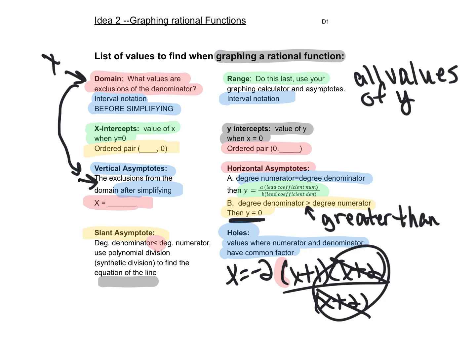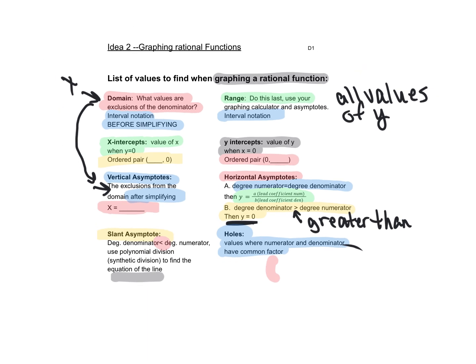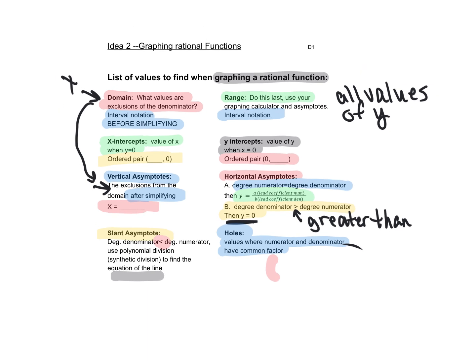And again, holes are not in every problem. We won't see them every single time, but they do come up every once in a while, and we just put a circle there to indicate that there's a hole. So we will be coming back to these ideas on every single graph that we do. This is a slide you probably want to have access to pretty easily, so that if you're not sure how to find some of those things, you can easily do that.